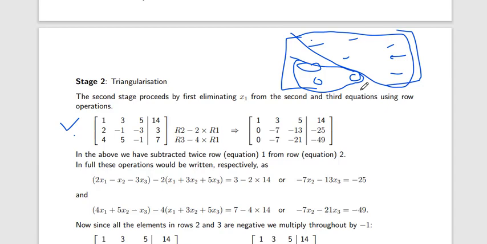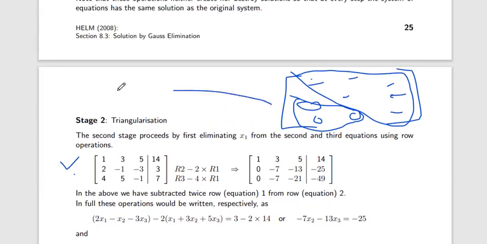By any method, we want to convert these values to 0, 0 and 0. Then this matrix is known as an upper triangle.